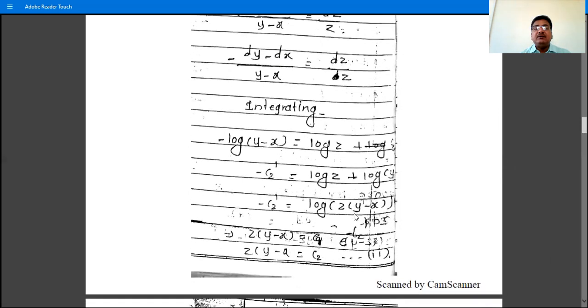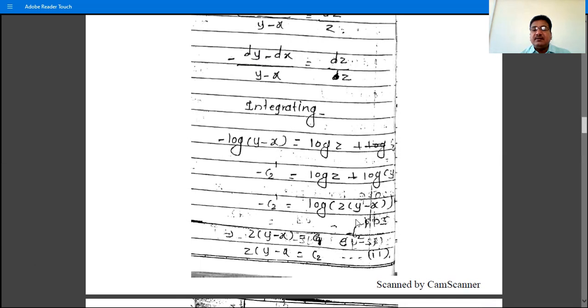So integrating, what do we have? Minus log y minus x, the integration of this quantity dy minus dx divided by y minus x, and the integration of 1 by z is log z. Add the constant of integration, suppose log c2 is the constant, and then we have log z. Shift this quantity: plus log y minus x, and log a plus log b is log a into b, so log z into y minus x.